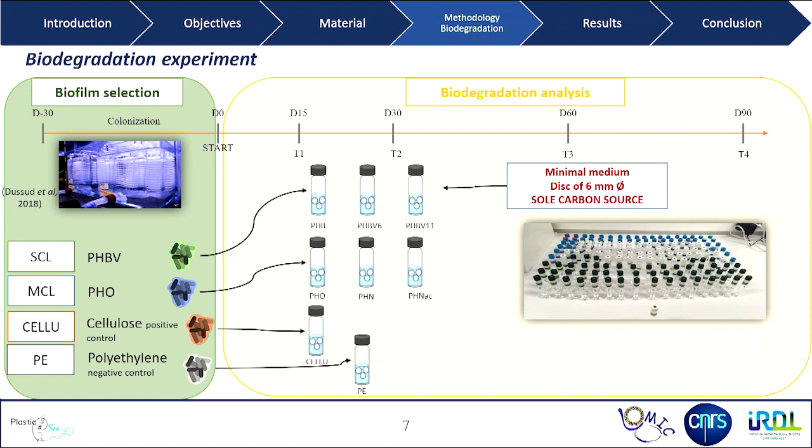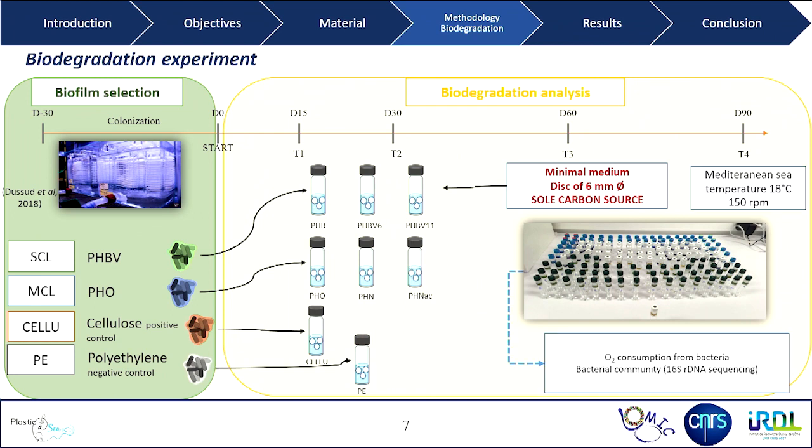This lasted for 3 months, and during sampling, we looked at the oxygen consumption and the bacterial community by sequencing the 16S rDNA. The parameters were the same as the Mediterranean Sea, with a temperature of 18 degrees and a little bit of agitation.